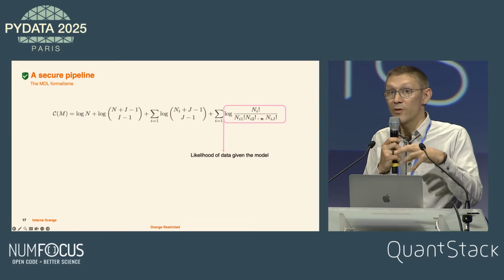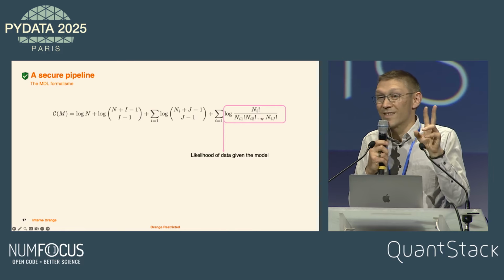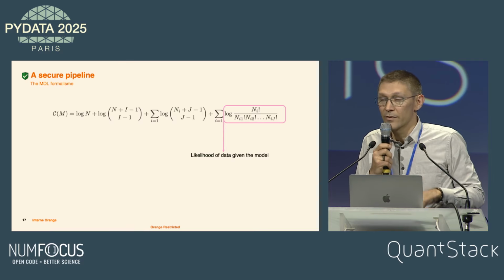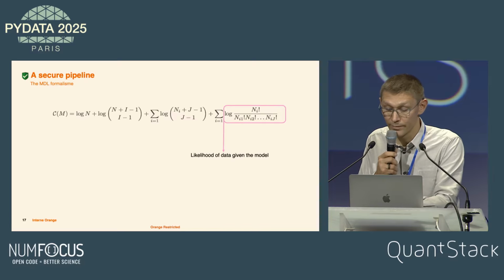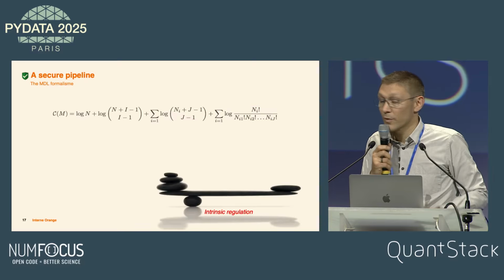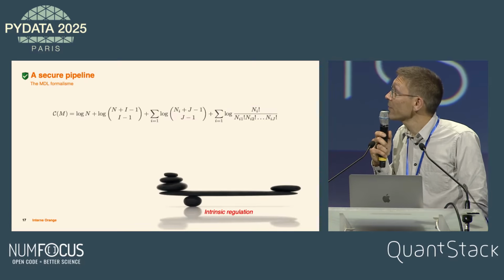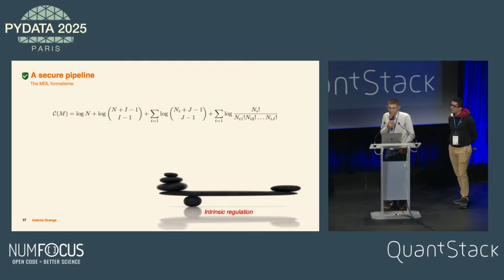So this term enumerates all possible synthetic datasets that are compatible with the parameters of the model. This kind of criterion is really good because it avoids overfitting intrinsically.